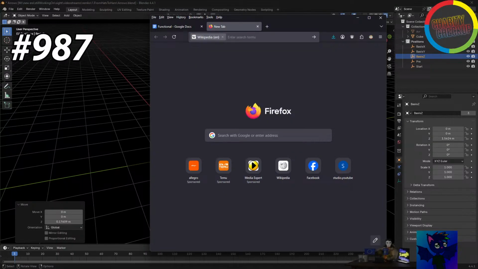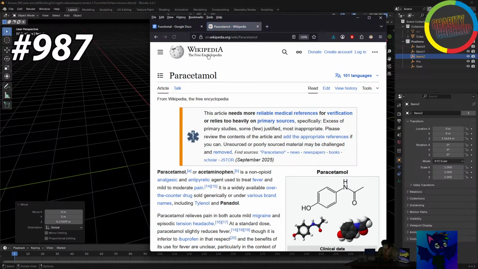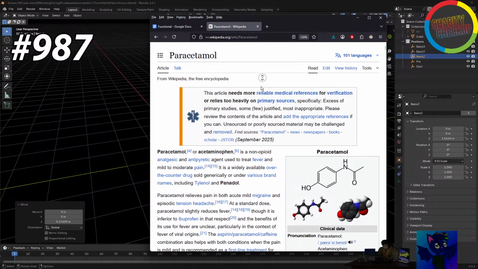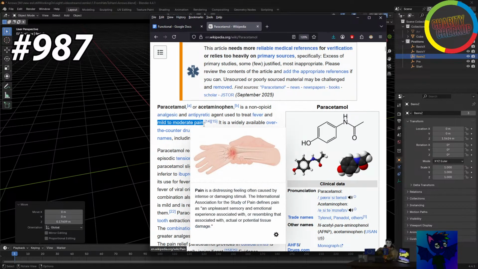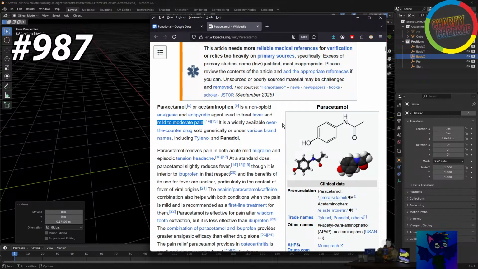I imagine it would take quite a lot of effort. It's such a mild... It's over the counter. Treat fever and mild to moderate pain. I get the idea behind it, but 0 to 49 for male, 50 to 99 for female, and other. And female is grouped with other. That's pretty funny.